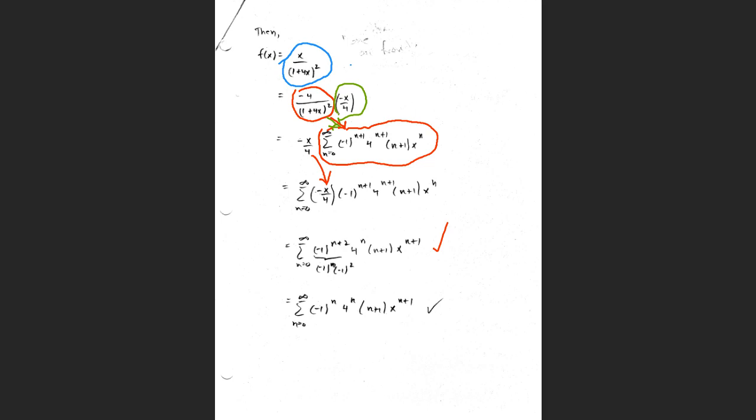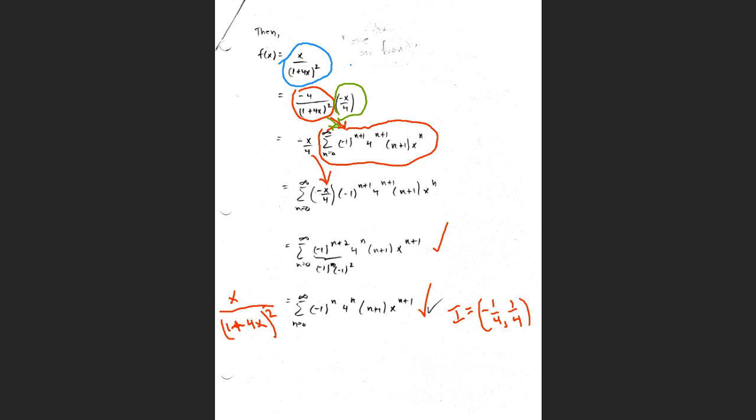Get the final answer for this power series. So x divided by 1 plus 4x quantity squared equals this power series. And of course, let's keep in mind that the interval of convergence should be from -1/4 to 1/4.